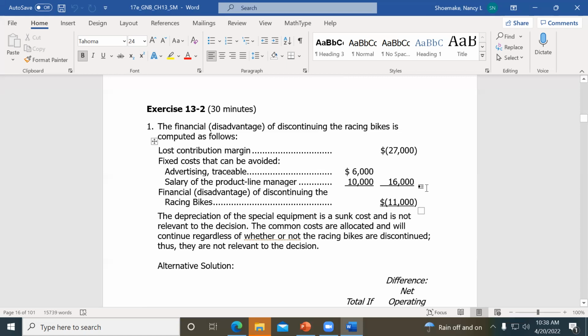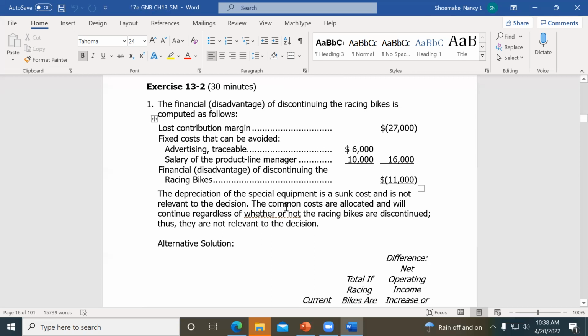So the net profit from the contribution margin is 27. We can get rid of these two expenses, but we've still got to drop this line. It would hurt us 11,000.